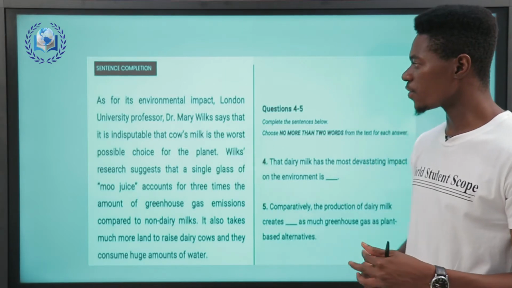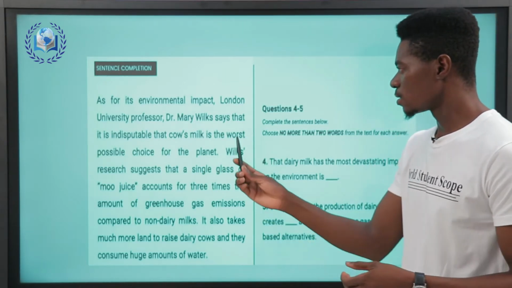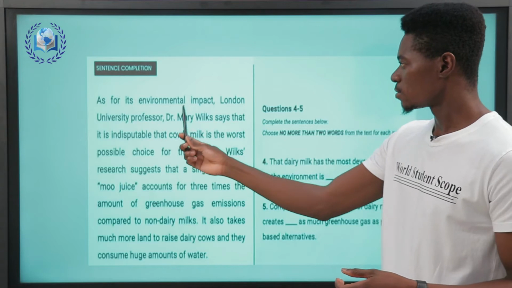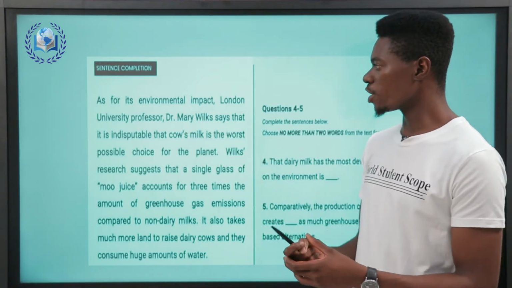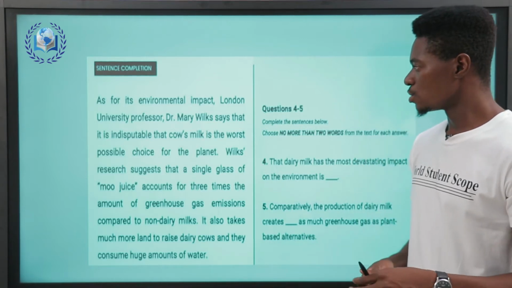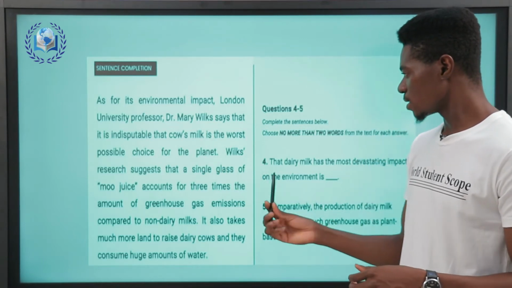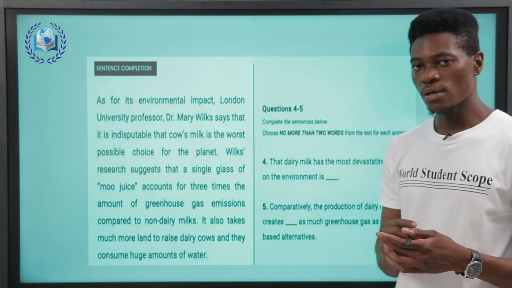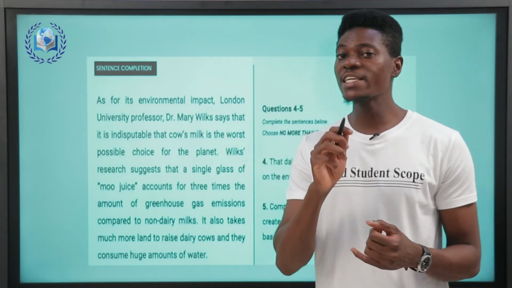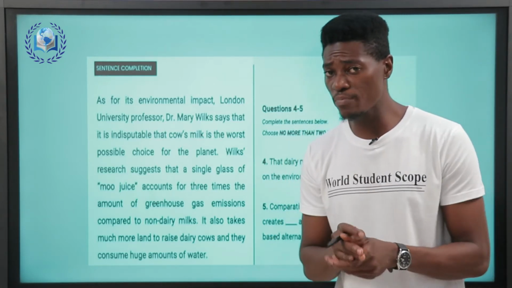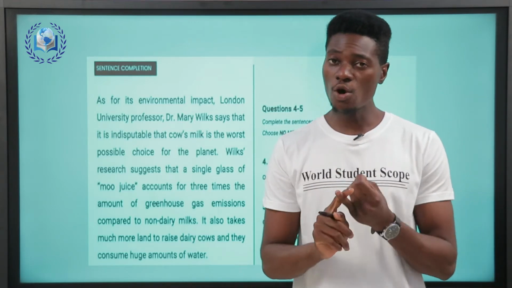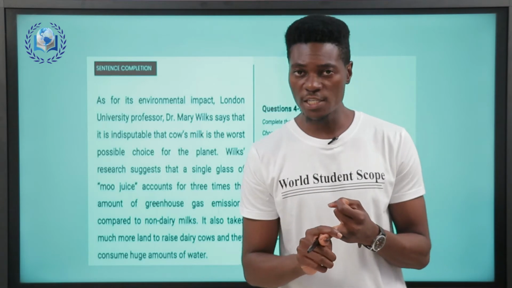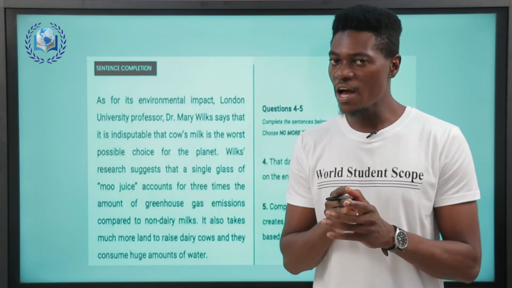We can find over there environment, we have it. The impact also, we got it. Okay? When you talk about milk, also it's here. Dairy milk, this is the synonym of animal's milk. Dairy milk contains different types of milk: milk of cow, milk of goat, milk of donkey, and other animals.